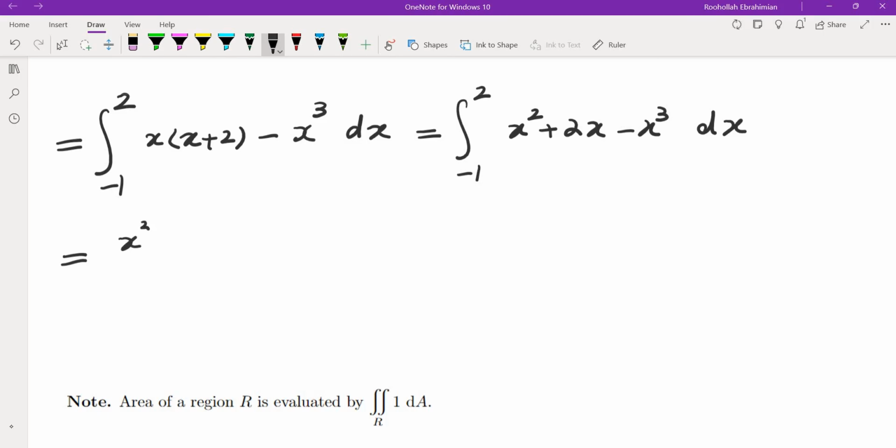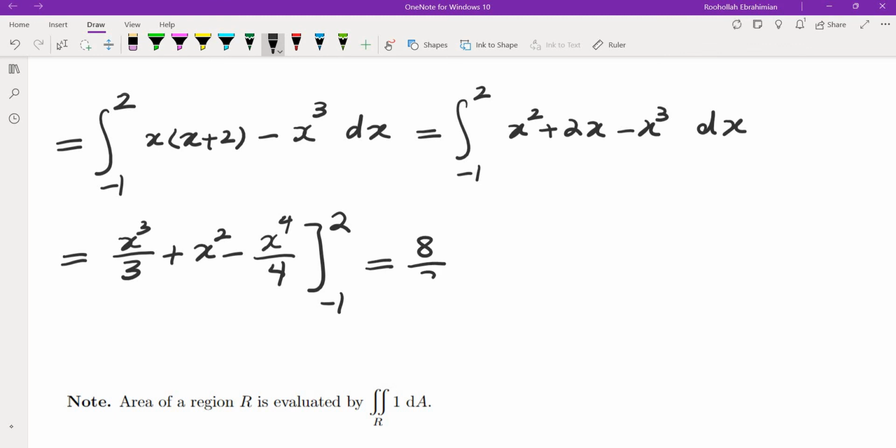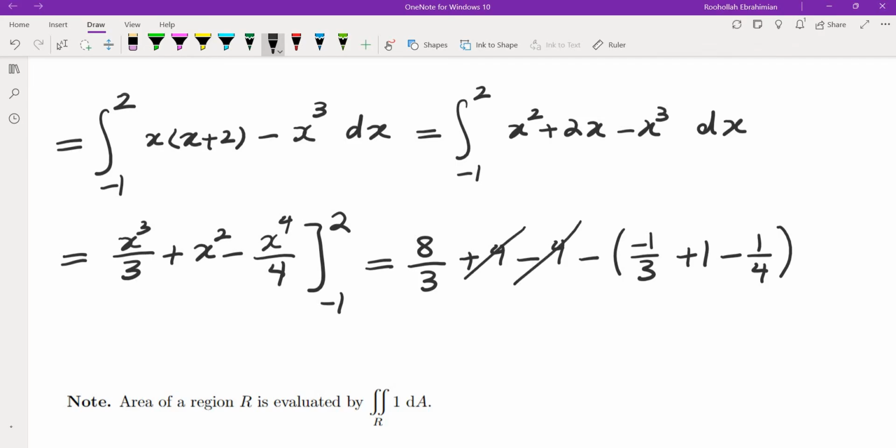We get x cubed over 3 plus x squared minus x to the fourth over 4 from negative 1 to 2. So that would give us 8 over 3 plus 4 minus 16 over 4, which is 4, minus, so if you plug in negative 1, we get negative 1/3 plus 1 minus 1/4. And this can be simplified. This is whatever that ends up being.